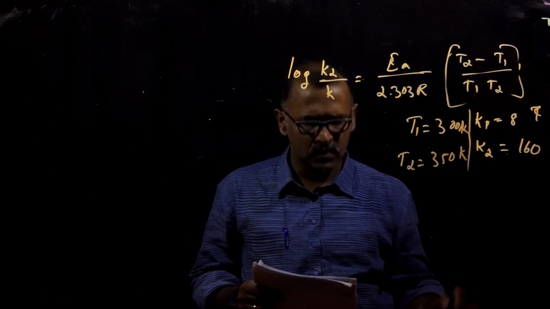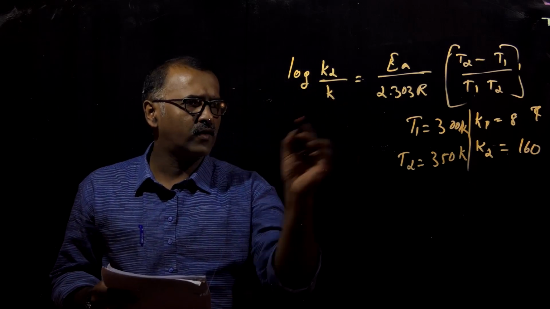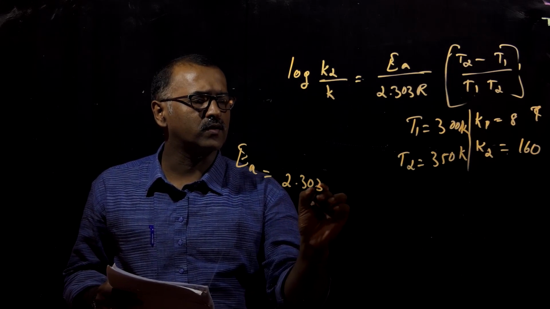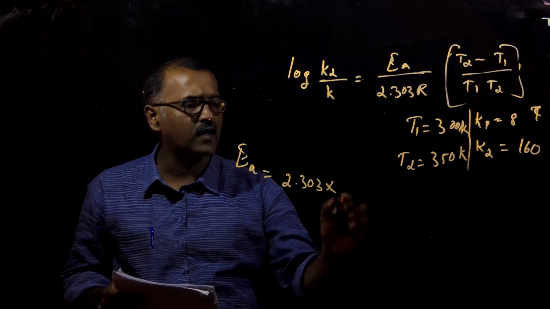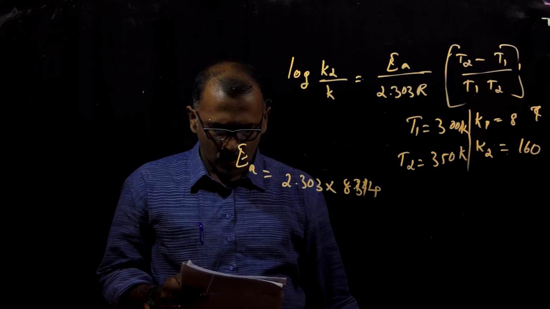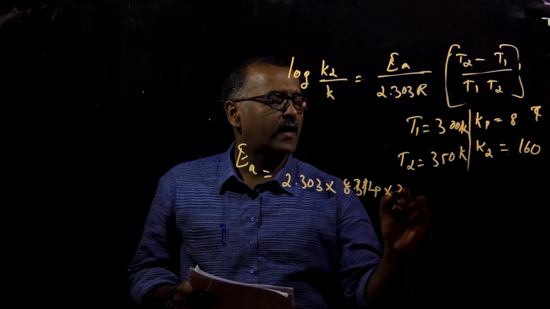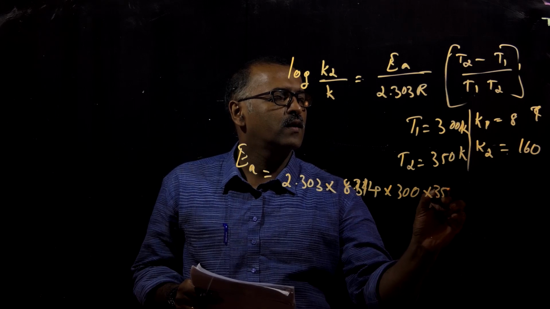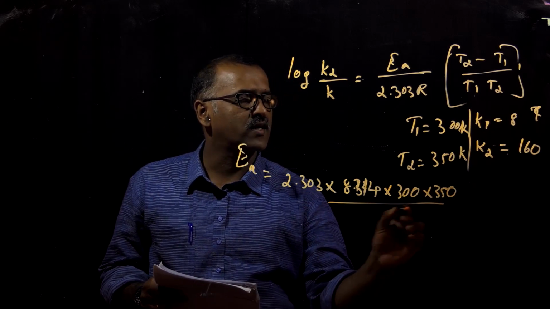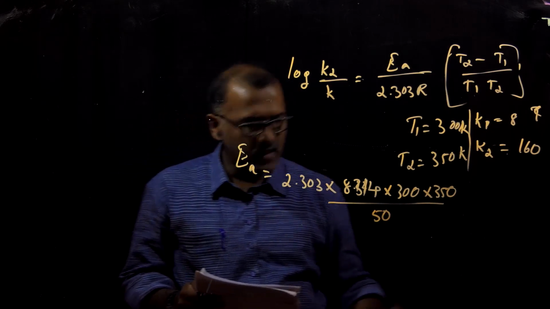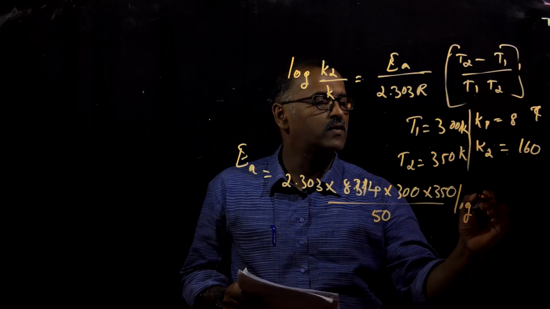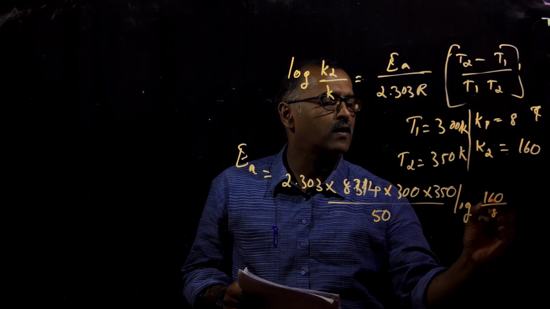A very straightforward problem. So finally, we have to calculate Ea, which will be equal to 2.303 multiplied by our gas constant, you can take as 8.314 joules, 8.314 multiplied by 300 into 350 divided by 350 minus 300, which will be 50, and here we will be having log of k2 by k1, so this will be 160 by 8.